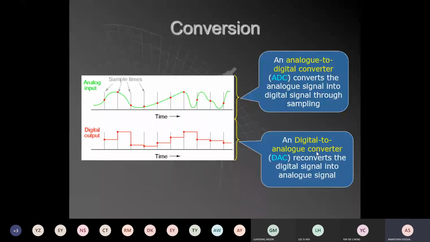High frequency may be coded as 1 for digital, and low frequency might be coded as 0. That information is retrieved from the radio wave, and this digital to analog converter does that. Then that digital signal will be converted, traced back to a new wave. Okay, so you go back to that diagram.